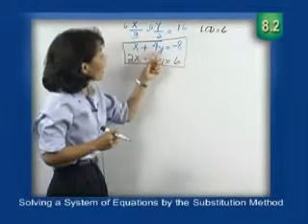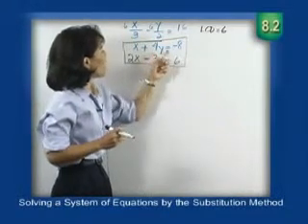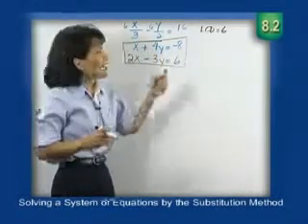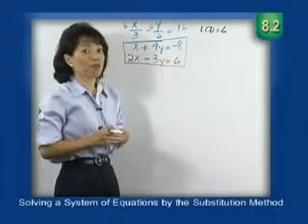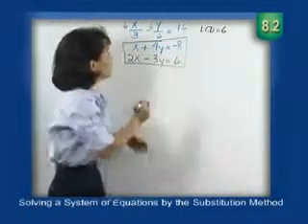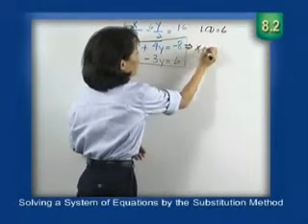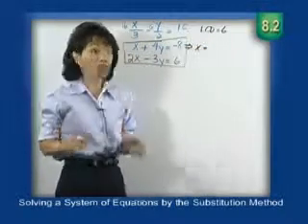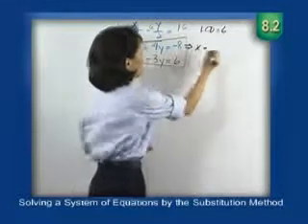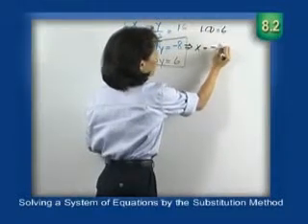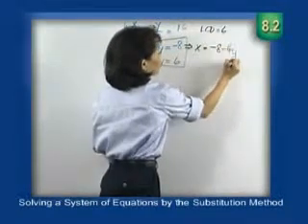All I have to do is subtract 4y from each side. So when I do, I'm going to get x equals negative 8 minus 4y.